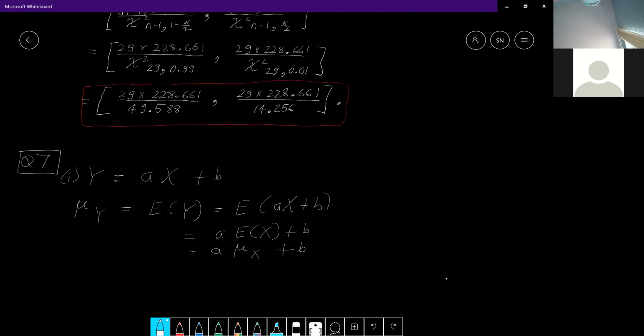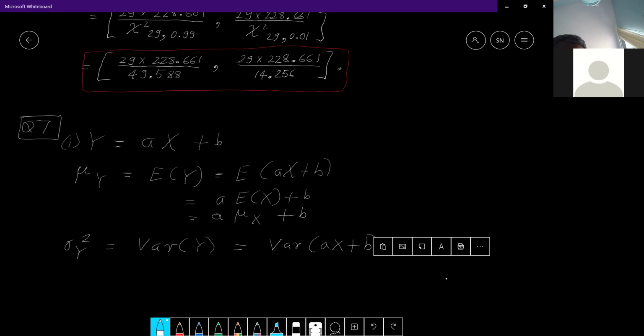The second statement is about the variance. So sigma y squared is the variance of y, which is the variance of ax plus b. Now the variance of ax plus b, I'm sure you know, is equal to a squared times the variance of x, which you can write as a squared times sigma x squared.